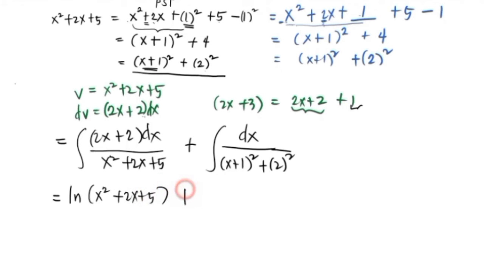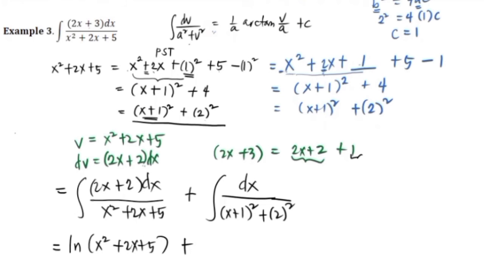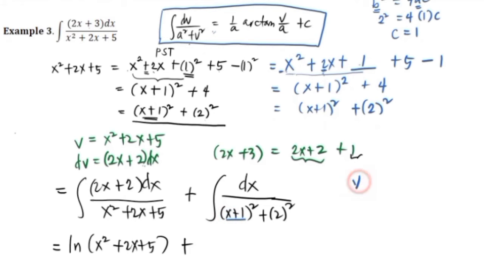So for the second term, check natin what is the value of a and what is the value of v, so that we can apply our formula here. So this part here is your v, so v is equal to x plus 1. So taking the derivative of this, we have dv is equal to dx, and 2 here is your a, so a is equal to 2.